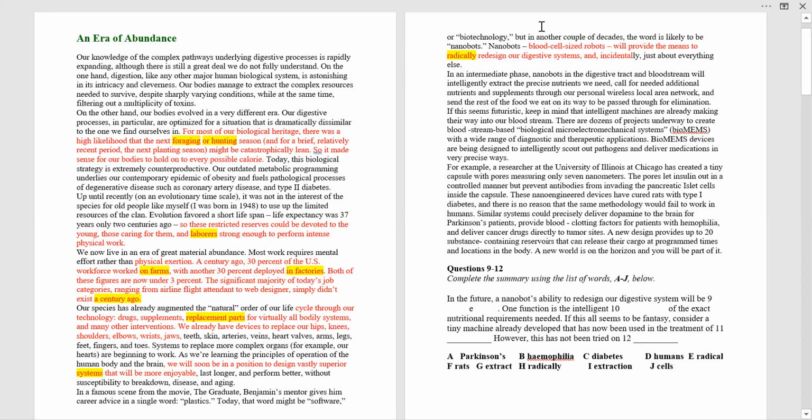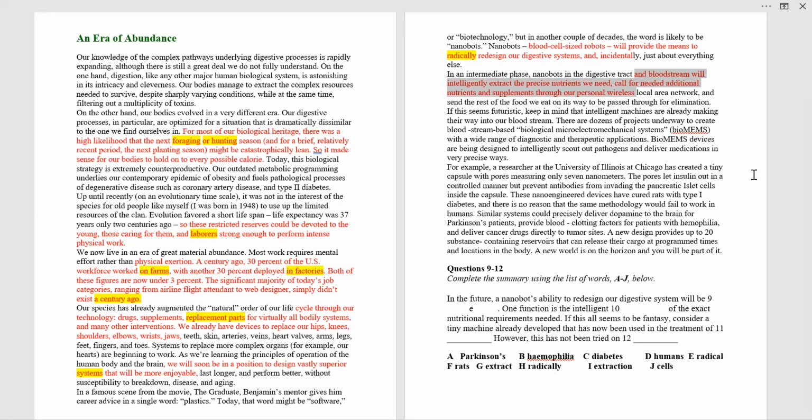You see, they are again confusing you. So we got two words. One is extract, the other is extraction, and we know that one of those two is the answer. So which word should we pick? If I fix it as "one function is the intelligent extract of the exact nutritional requirements needed," this is grammatically not right.